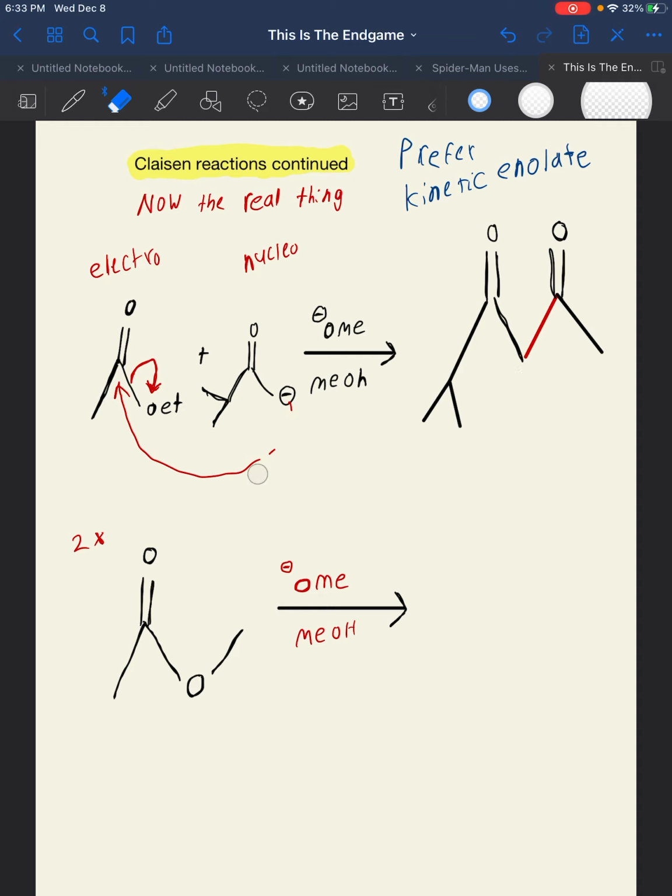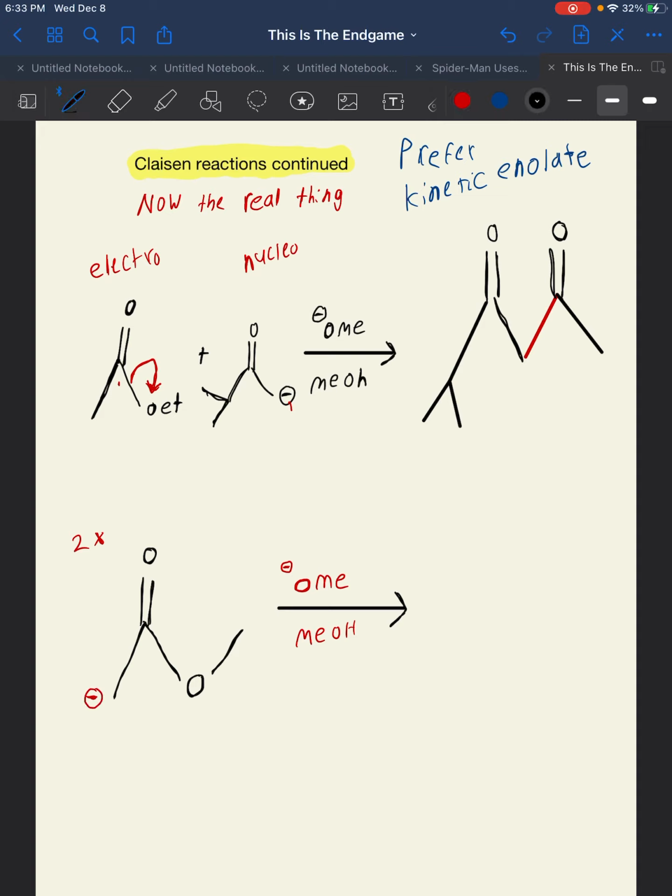Next example, if you have 2 equivalents of the ester present, it can do the same thing. And it basically follows the same mechanism. The only thing that's a little different is you're going to have an ester attached on the end product. So how this looks is, once again, an enolate would form on one of the esters, which would form right there.